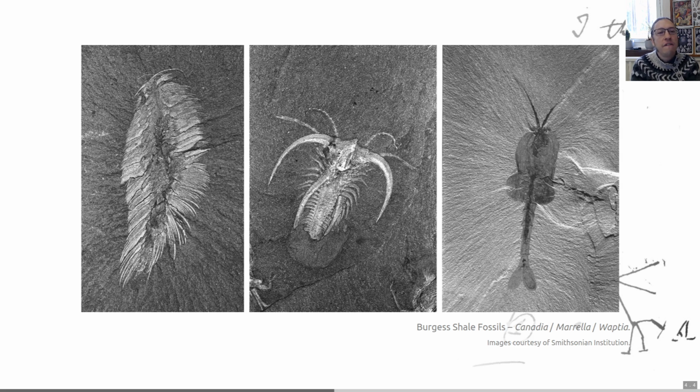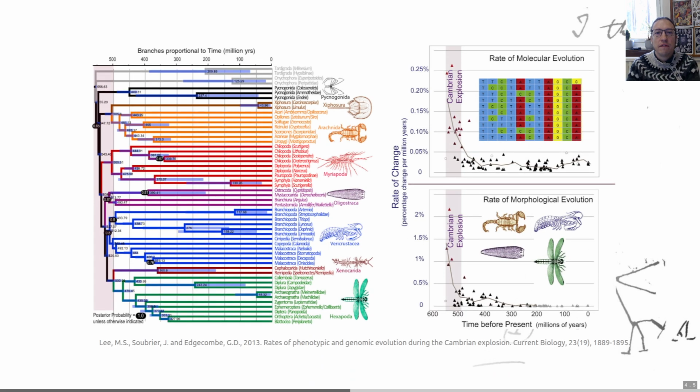This is a perfect situation in which we can use Bayesian phylogenetic approaches and rates to understand what was going on during this singular event in evolution.